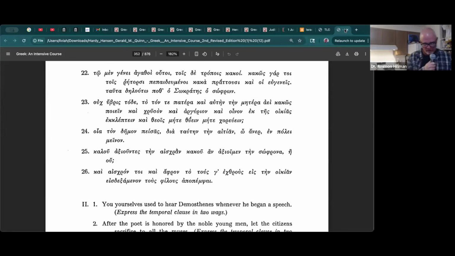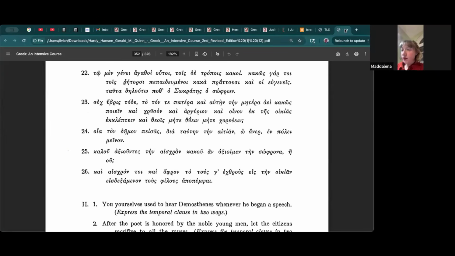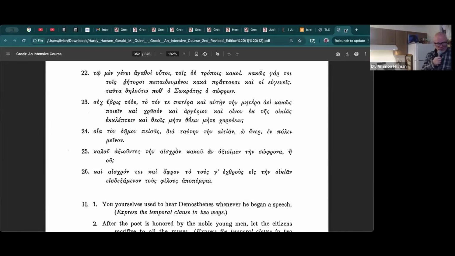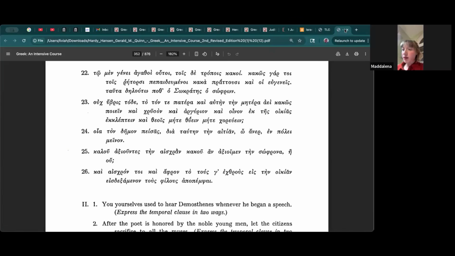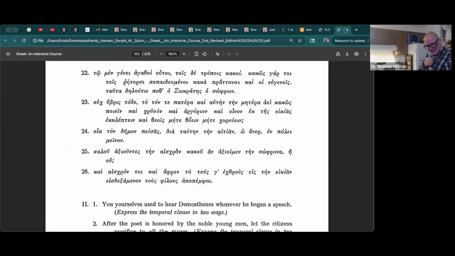Polis, all right, you got it. Because you did this, stay in the city. Dia tauten tan aitian, on account of this, for this reason, on account of this thing, stay in the city.